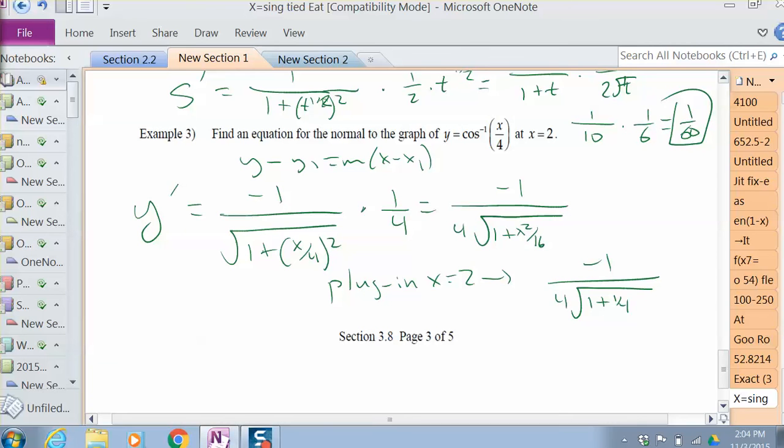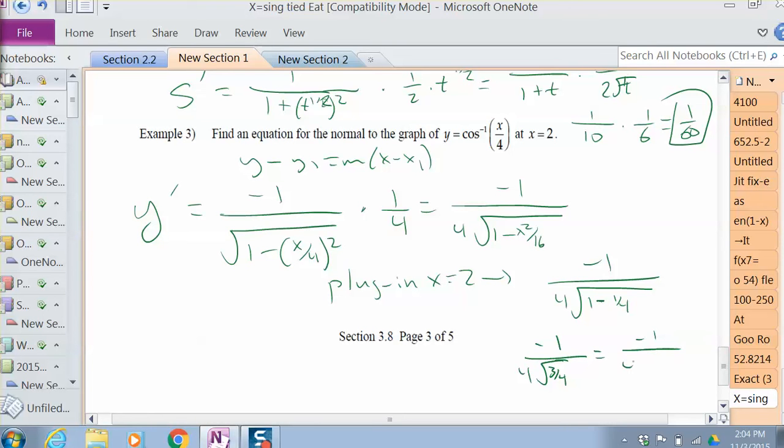Oh, oops, that should be a minus. So the slope is kind of crazy here, but it's going to be negative 1 over root 3/4. And still we have the 4 there.